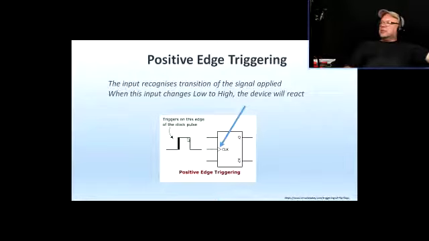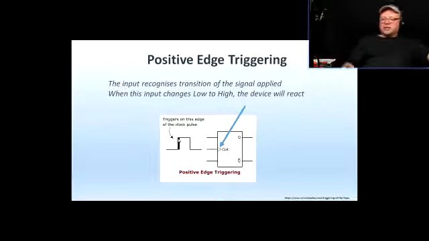When the signal goes up, and then continues down, nothing's going to happen until it goes up again. Then it's going to take a snapshot of whatever all the inputs are and make that device react for that moment when it goes from low to high.